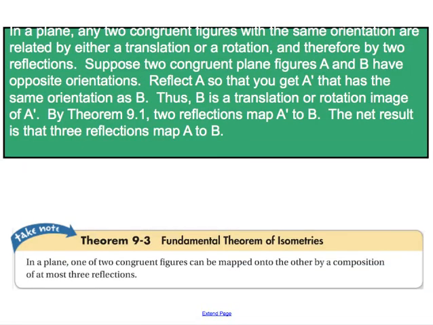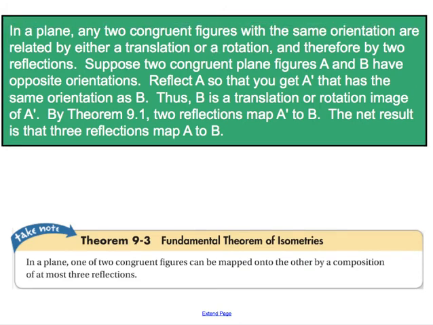So this leads us to the fundamental theorem of isometries. In a plane, any two congruent figures with the same orientation are related by either a translation or a rotation, and therefore by two reflections.